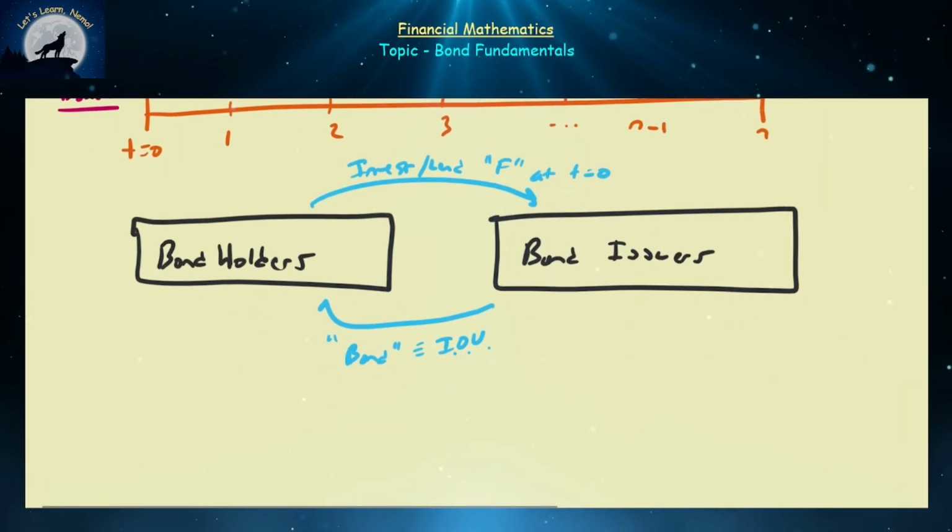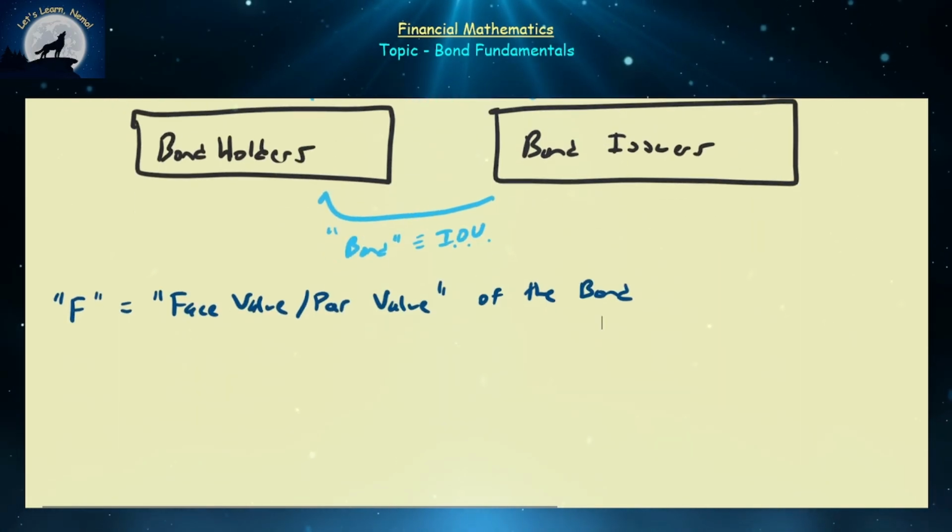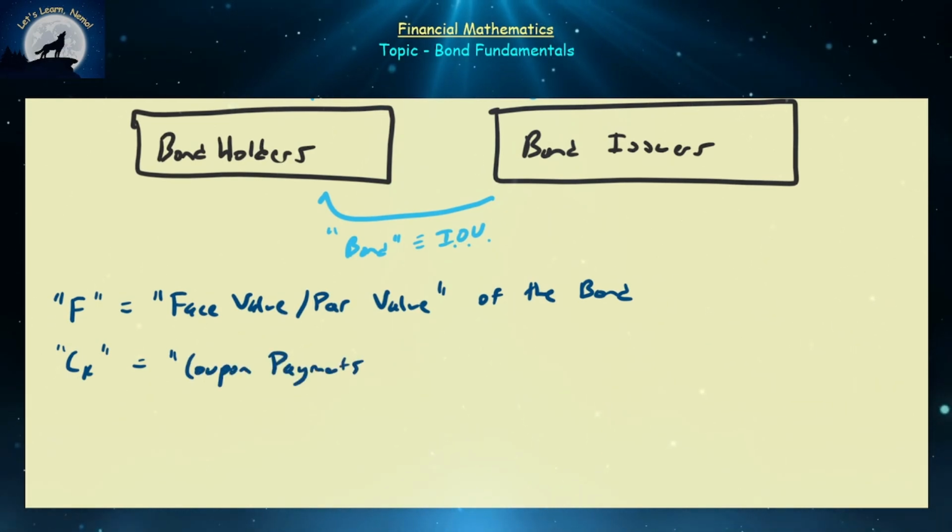So this value, F, is sometimes referred to as the face value. Some people also use the phrase par value of the bond. And these payments, C_k, are sometimes called coupon payments.